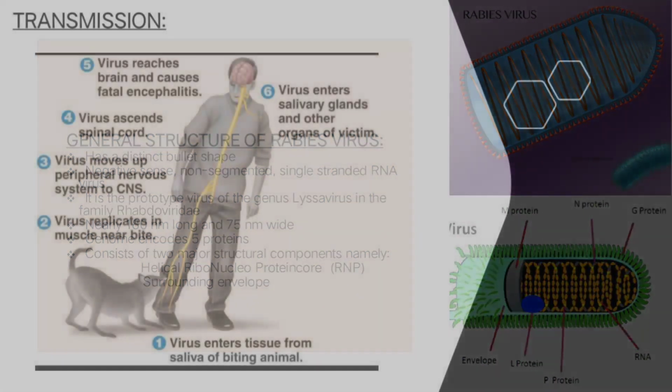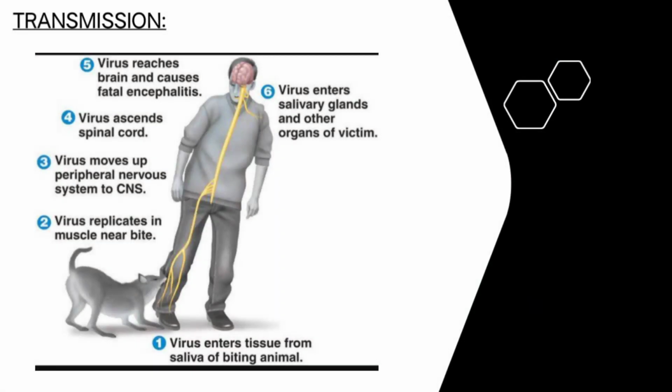Next, we'll see how the rabies virus gets transmitted from a rabid animal to a healthy human individual. First, we call the rabies infected dog a rabid dog, and when this dog bites a human, mainly through the saliva, the human gets affected by rabies.